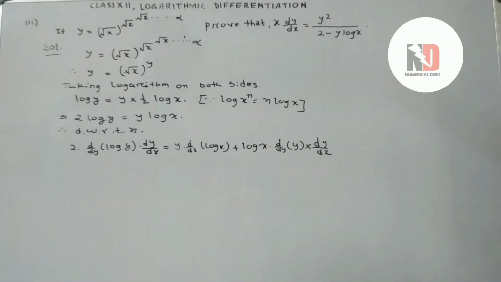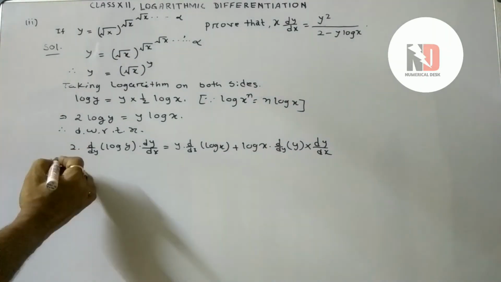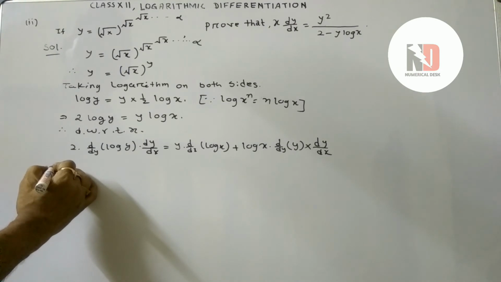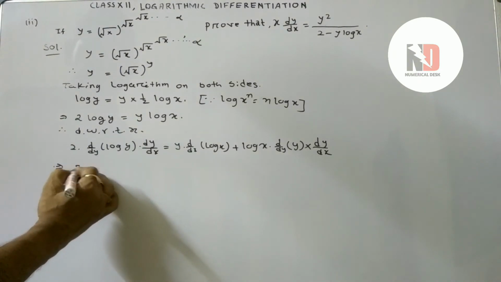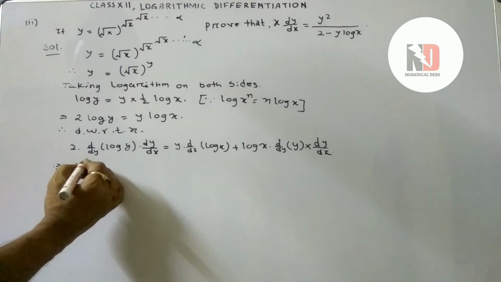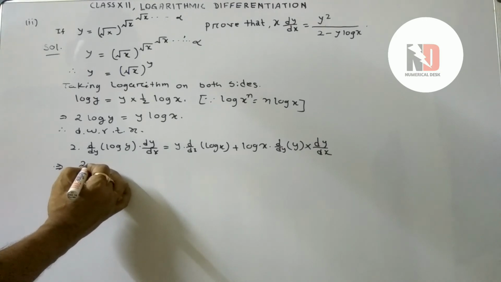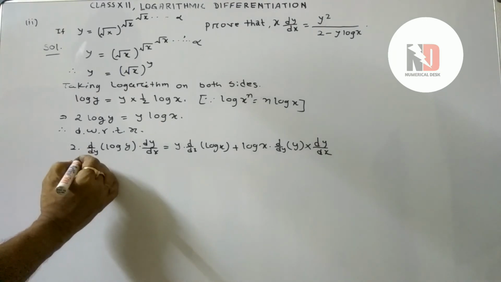Someone gets confused. Which is d by dy of y. We cannot write d by dx of y. Follow this step. So it is 1 by y. Whenever there is a log y, make it d by dy of log y into dy by dx.